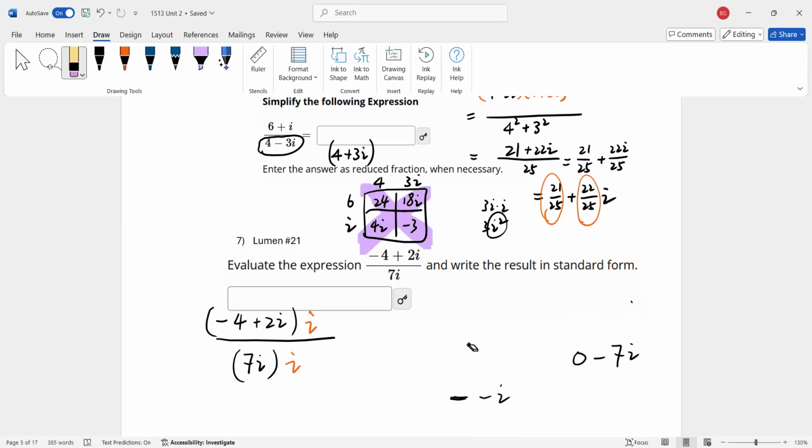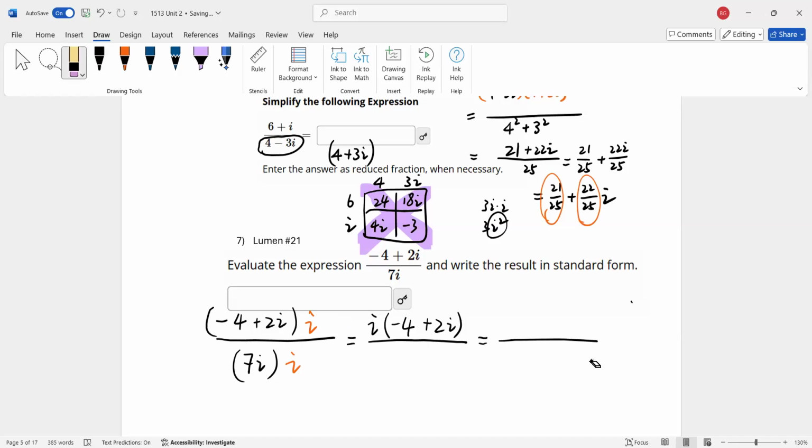Let's see what happens after we multiply the top and the bottom by the imaginary unit. If you like i in front of the parentheses and feel better that way when you apply the distributive property, please do so. We can write i in front of the parentheses, (-4 plus 2i).